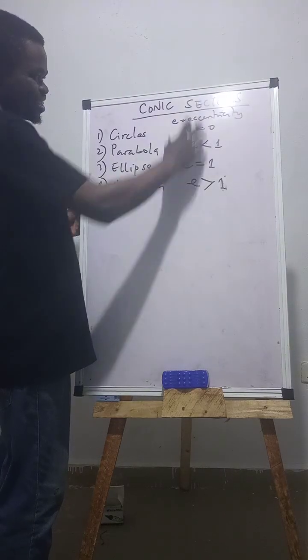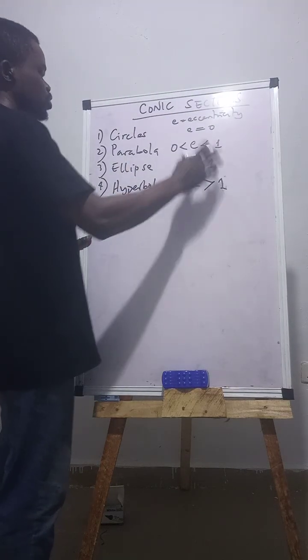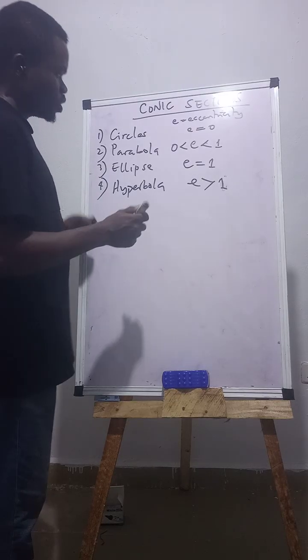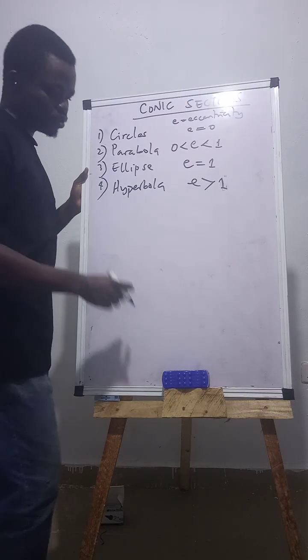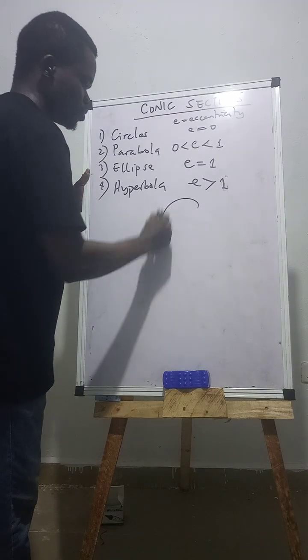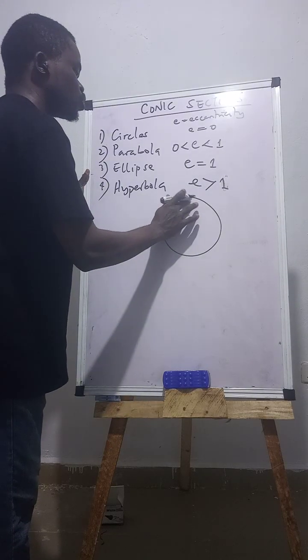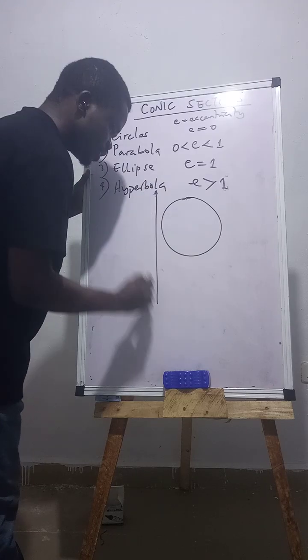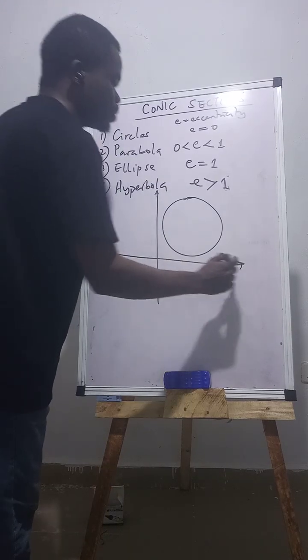Now there are equations that follow all of this. But to study the equations, first of all, you need to know how they look. So for a circle, remember when we say conic sections, we are representing these shapes in the two-dimensional Cartesian plane.